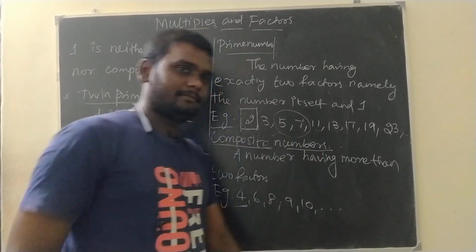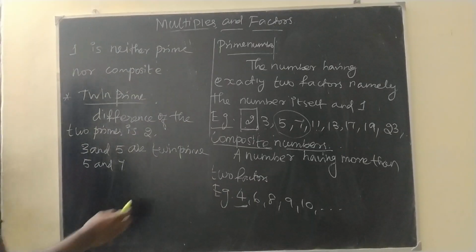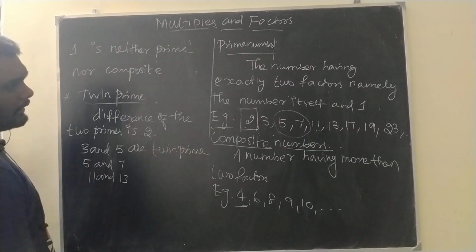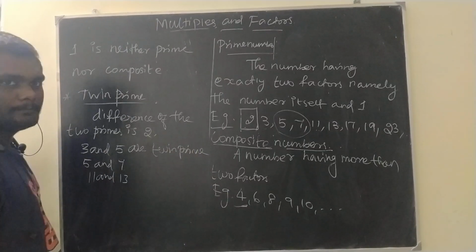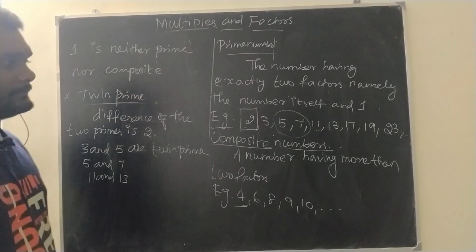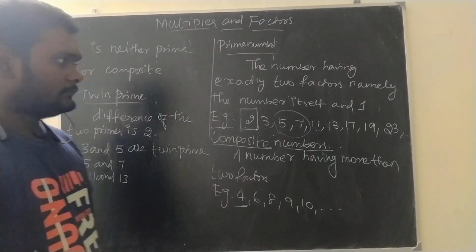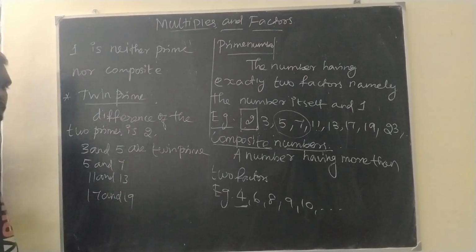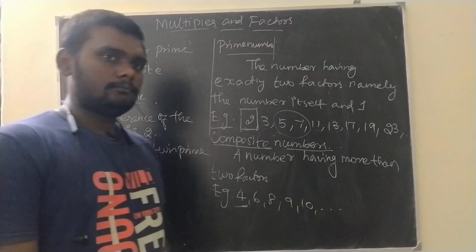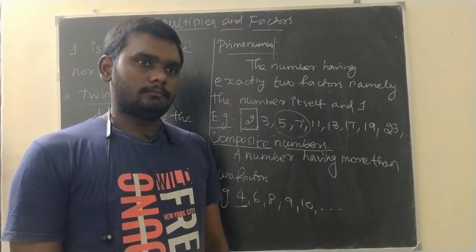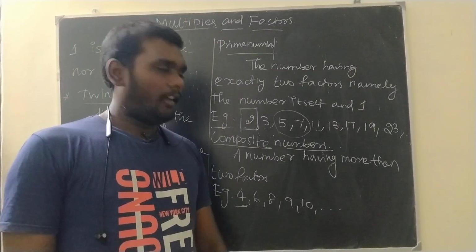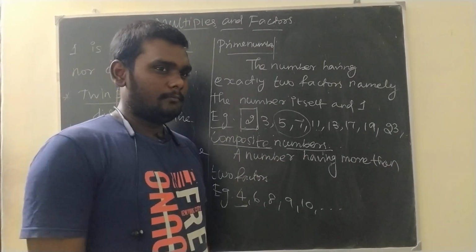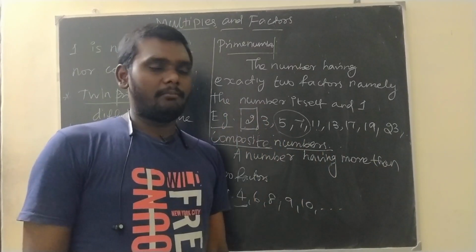11 and 13. And then 13 and 17? Can you find another such pair? 17 and 19. Another such pair? For that, you have to list out what are all the prime numbers that come after 23. Just continue the list. Give me only one pair of twin primes.